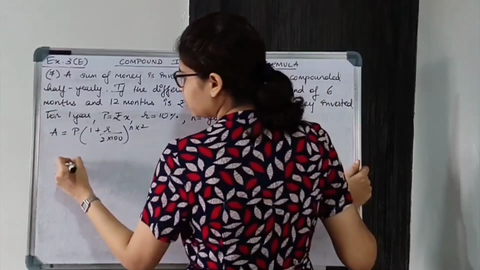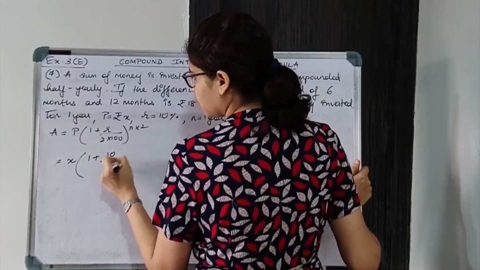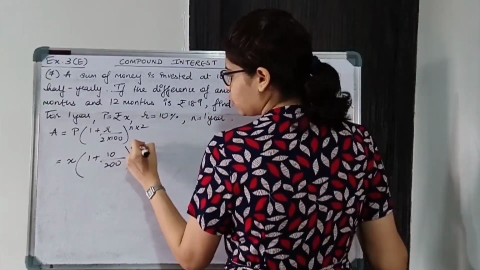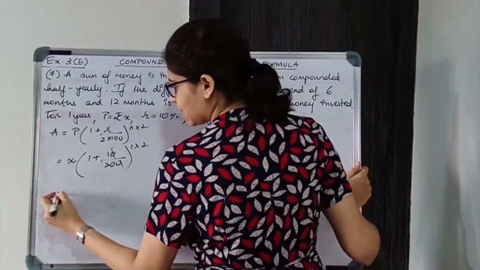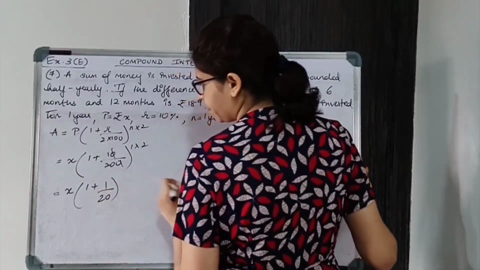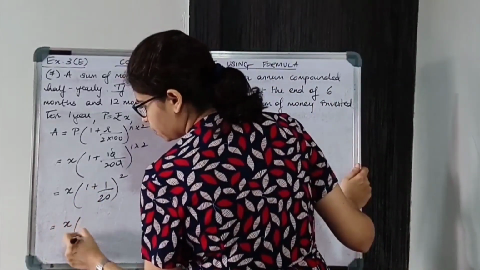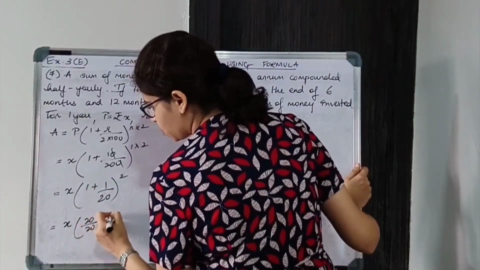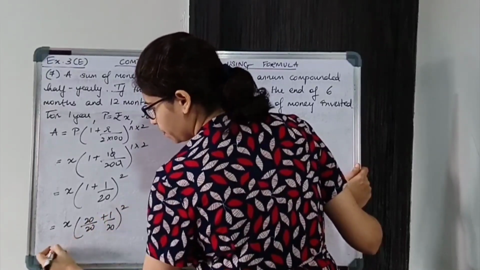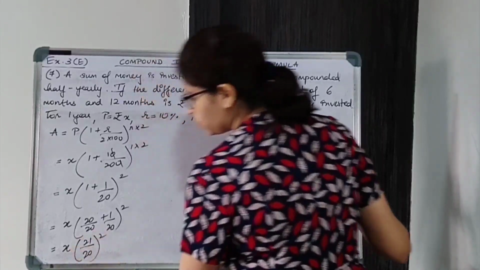So substituting the values, x into (1 plus 10 upon 200) raised to 1 into 2, the zeros get cancelled. So x into (1 plus 1 upon 20) raised to 2. We'll solve the bracket first. So (20 upon 20 plus 1 upon 20) raised to 2. That gives x into (21 upon 20) raised to 2.